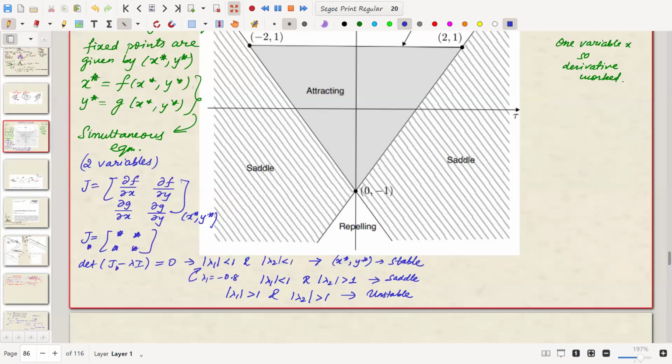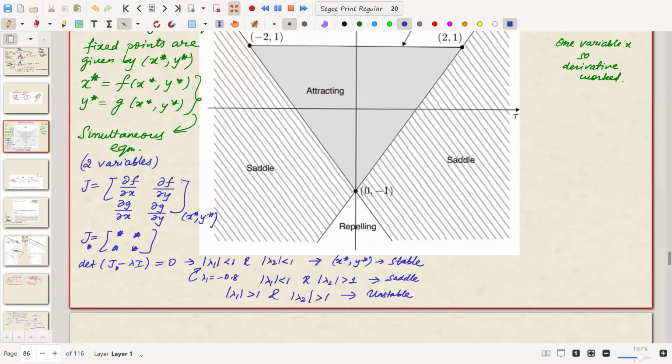It's clear. Now there is a catch. What is the catch? Computing. Researchers found that when you compute the eigenvalues here, you will have a square root, isn't it? It will be a characteristic polynomial, no?